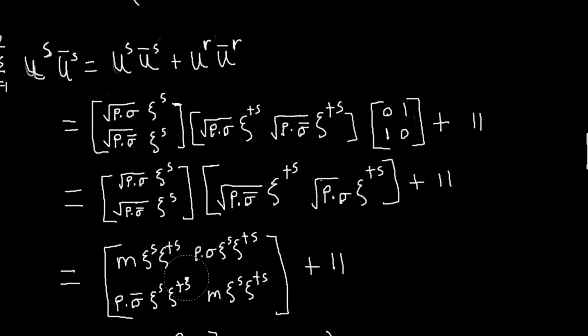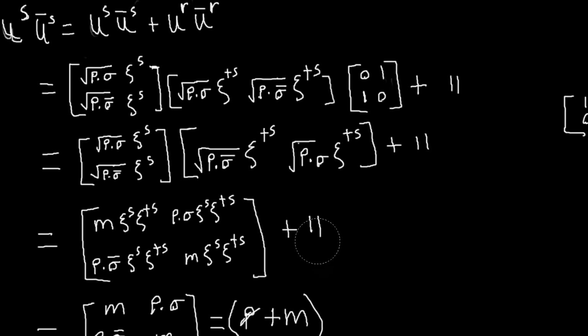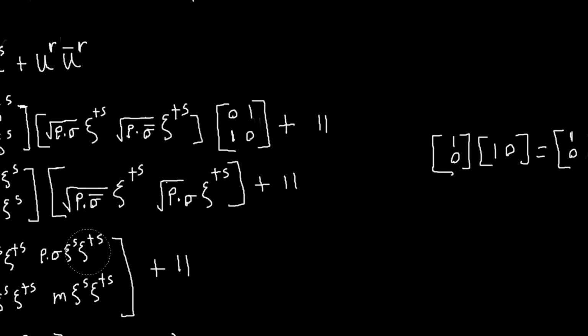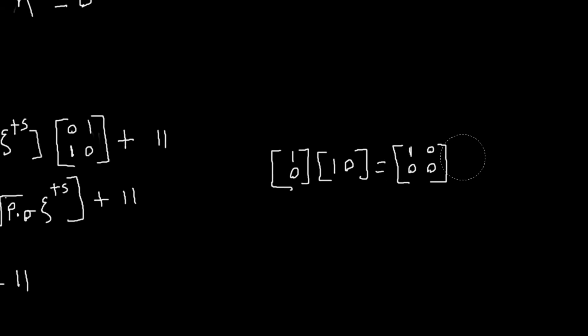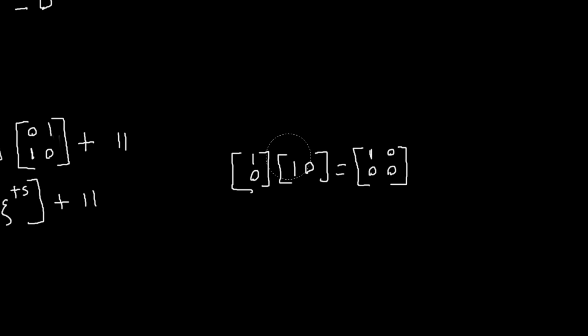Then the outer product of these, my basis spinors, is basically the sum. If I do the outer product of one basis vector, I will get basically half of the identity matrix, and then I'll be adding that to the other outer product of, you know, 0, 1, 0, 1.